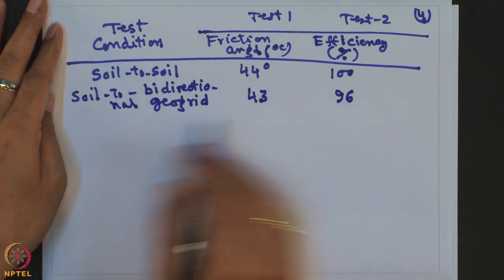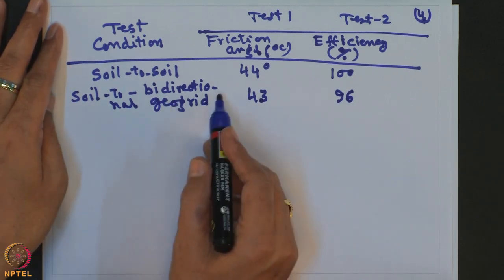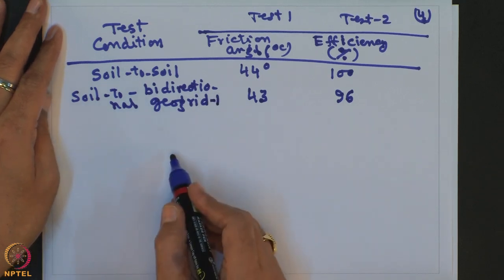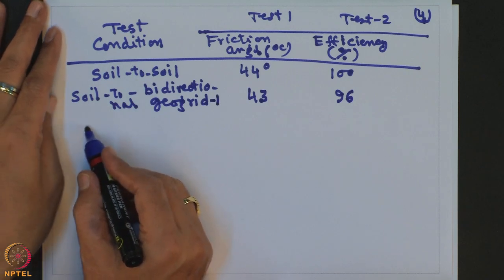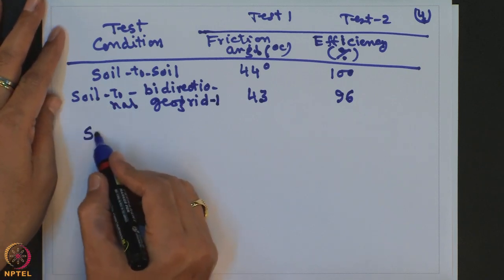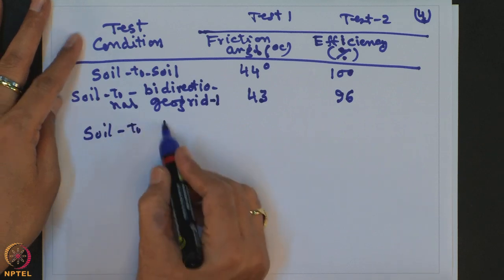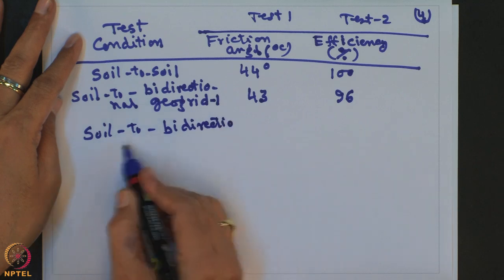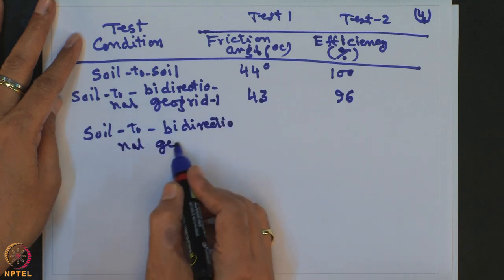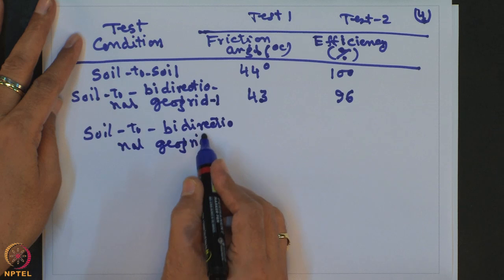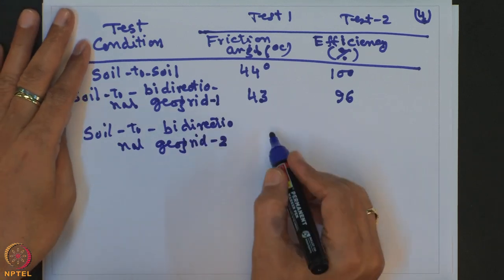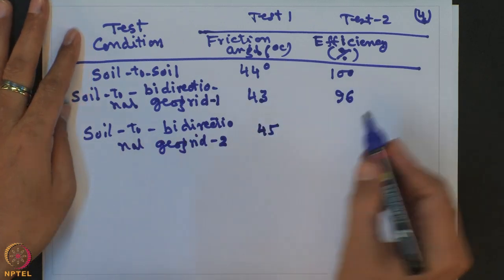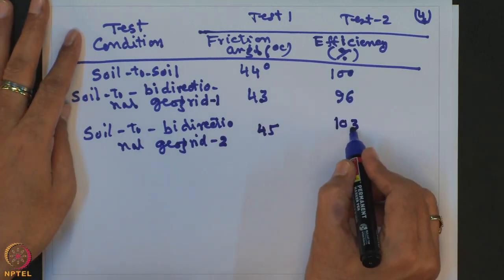There are different types of bidirectional geogrid material. It may be, let us say this is geogrid 1, and soil to bidirectional geogrid 2, and friction angle is 45 and efficiency is 103.